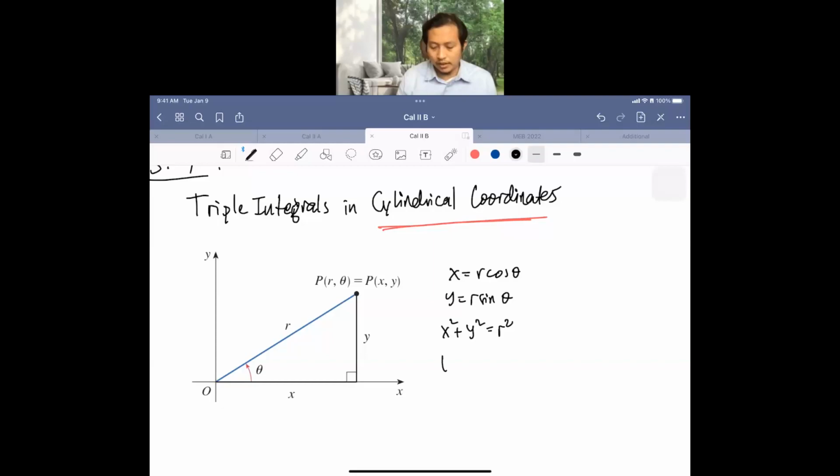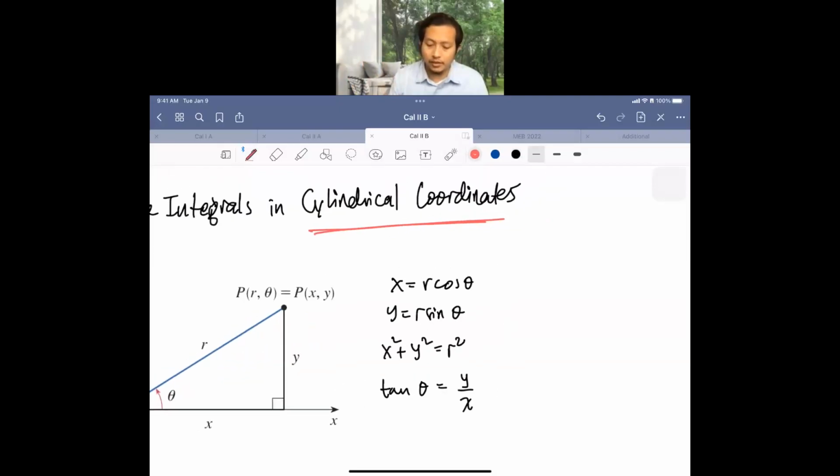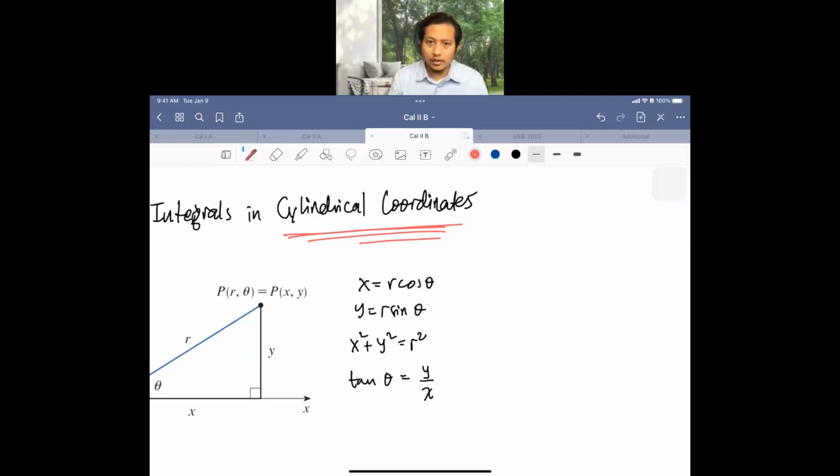Also, tangent theta is y over x. For all these four, we simply convert to polar. Now the cylindrical coordinates. In short, if I would like to make a definition, it's similar to polar. So it's polar, but plus another axis z.